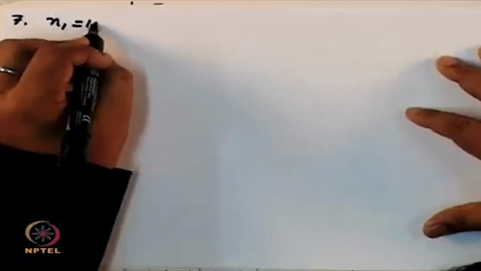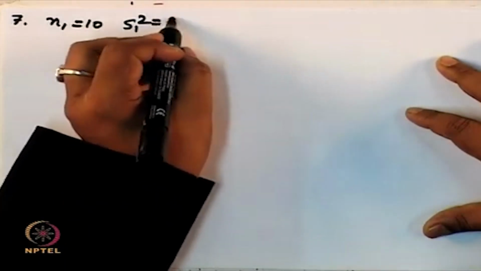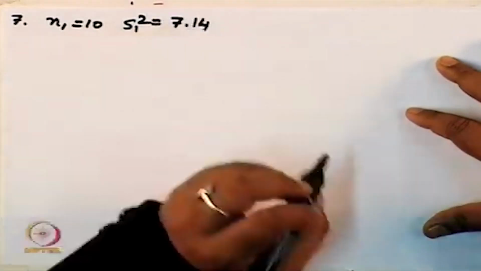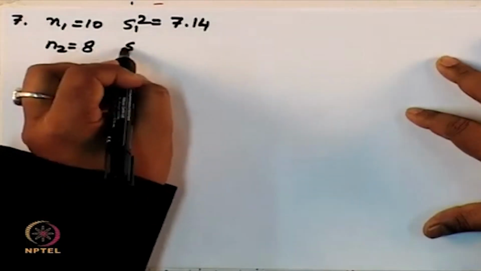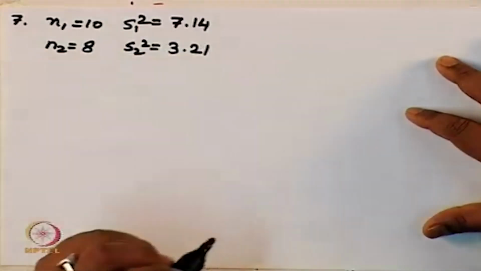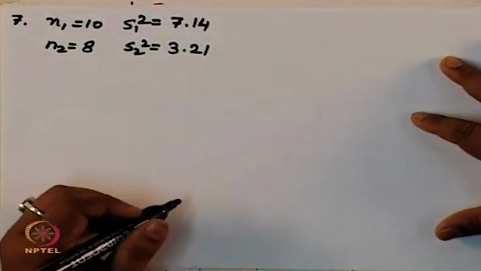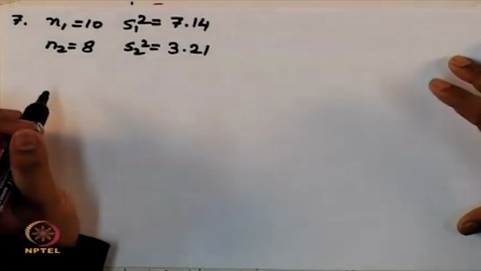Let us take a sample example. Imagine I have n1 equal to 10, s1 square equal to 7.14, n2 equal to 8 and s2 square equal to 3.21. What is the value of f, and I want to calculate whether f is significant or not.